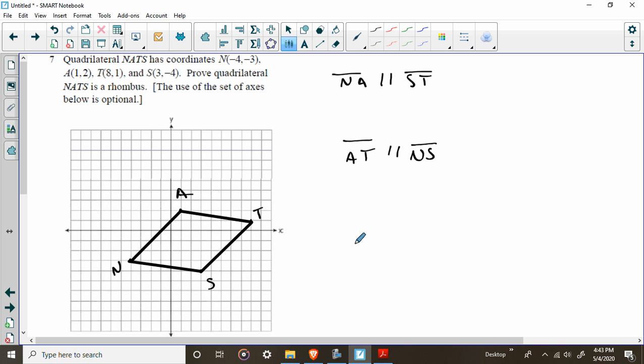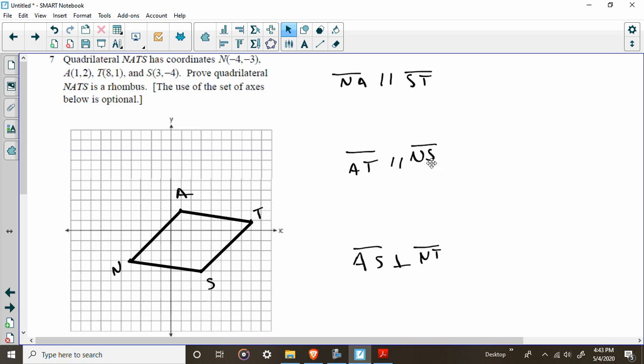Okay. And then the last thing we want to know is we're going to draw some diagonals. I'll put them in there in a second, but we're also going to want to know, is AS perpendicular to NT? Okay, because that's one of the defining characteristics of a rhombus, right? So is it a rhombus? We definitely want to know that for sure.